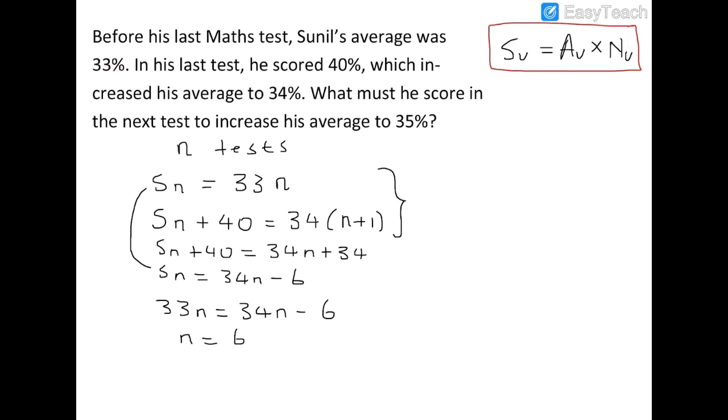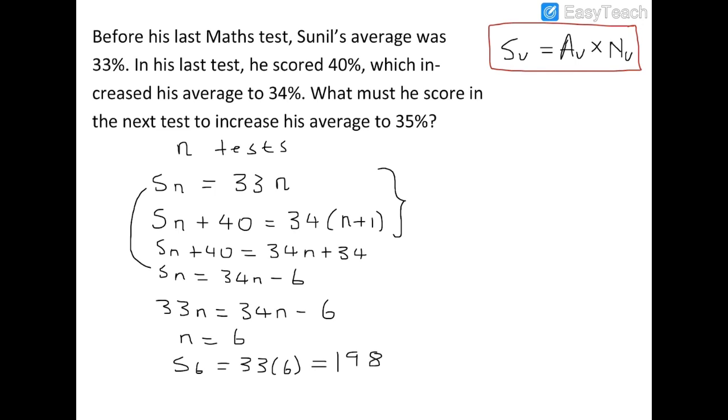Okay. And if we want, we can also calculate Sn by substituting the 6 into this equation here so that we can get the sum of the first 6 tests. So the sum of the first 6 tests will be equal to 33 multiplied by 6, which is equal to 198.